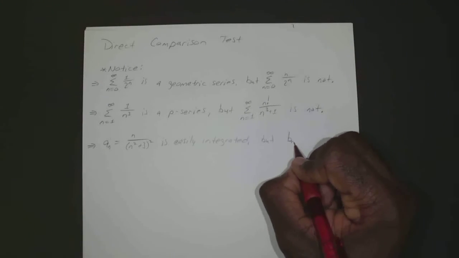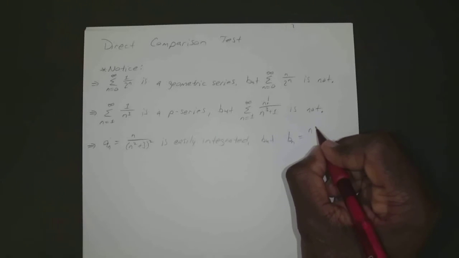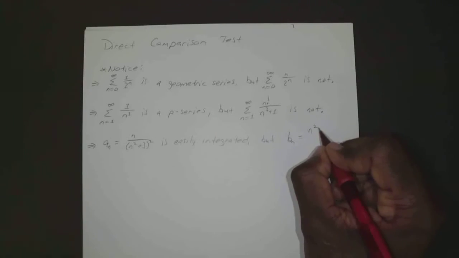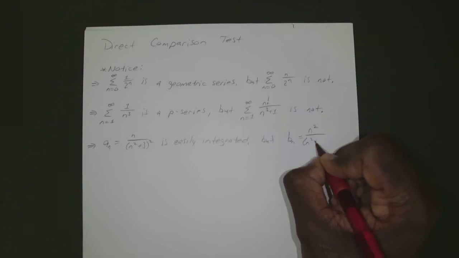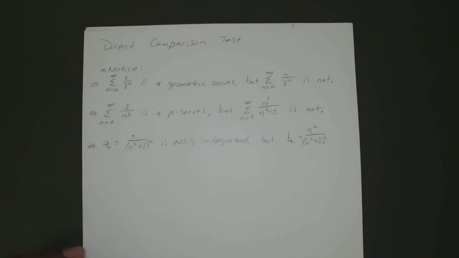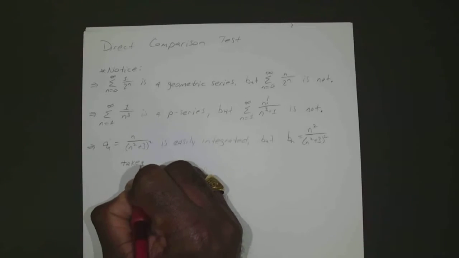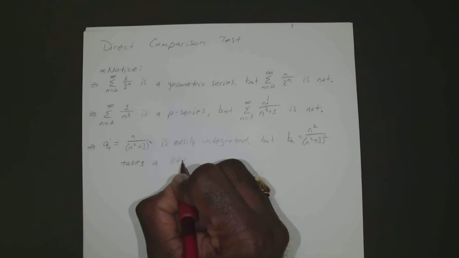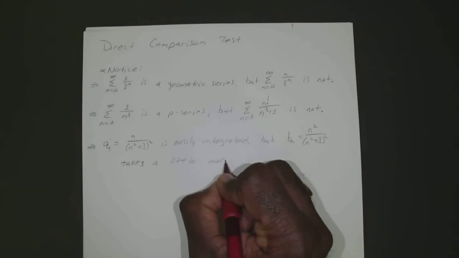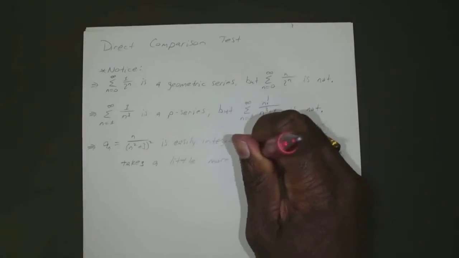But let's say you have b sub n equals n squared over n squared plus 3 squared. Takes a little more work. I mean, it can be integrated, but a little more work.